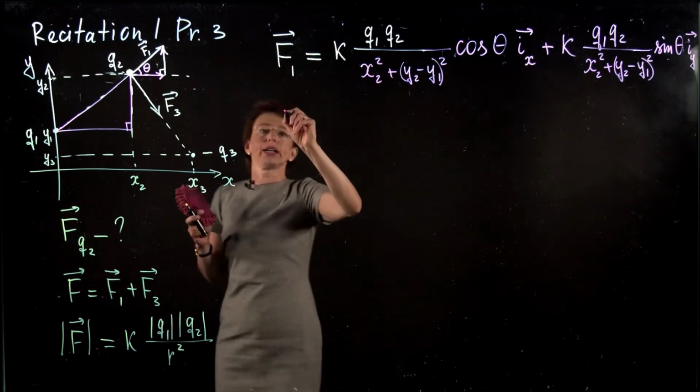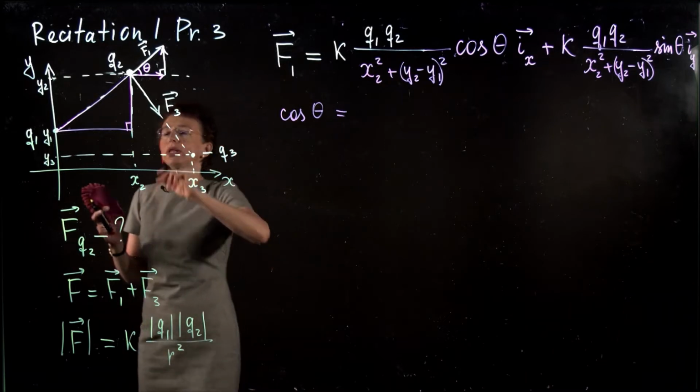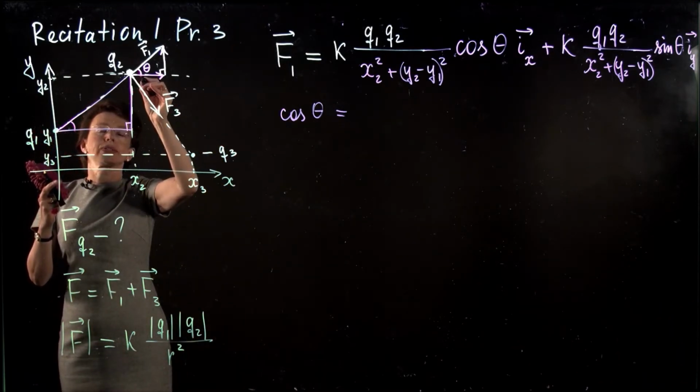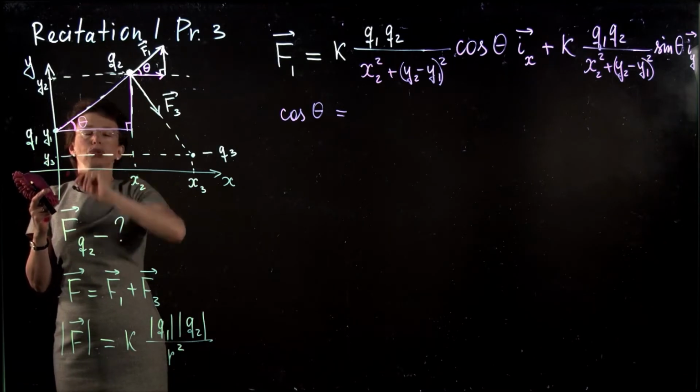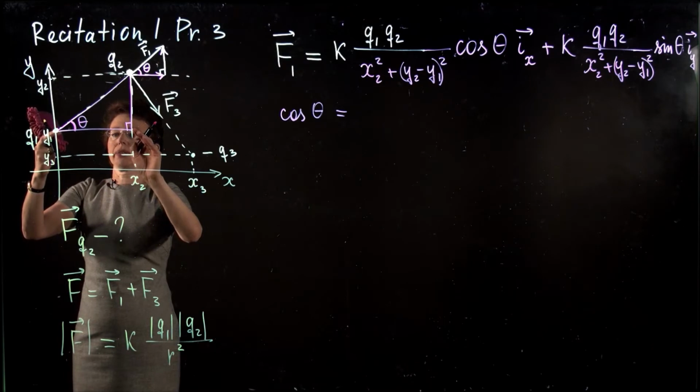Now we need to find cosine theta and sine theta in terms of what is given. I will use this right triangle, because this is theta, and then this angle is also theta. So I'll use this right triangle to find cosine theta.